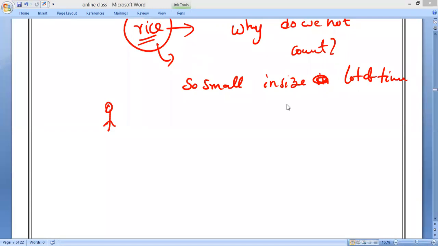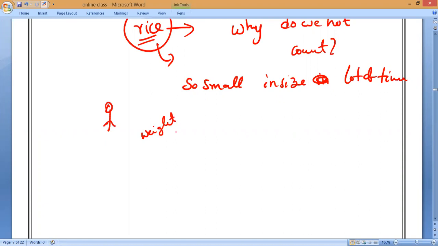It will be a very time-taking process and we cannot count them easily. That is why you will weigh them and give, like 1 kg or half kg. That is what you have to remember. When something is small in size, instead of counting, we go with weighing.